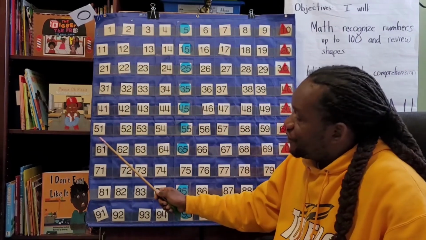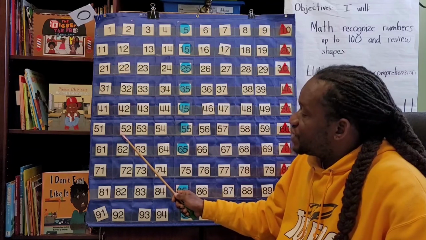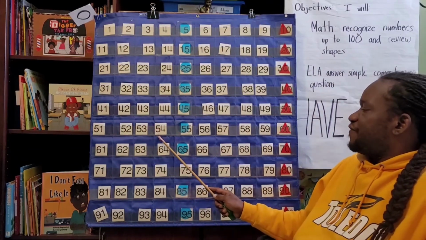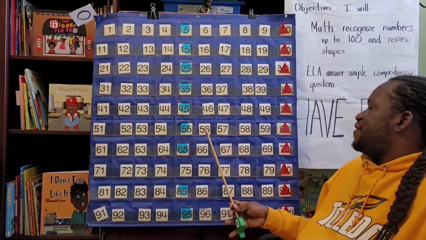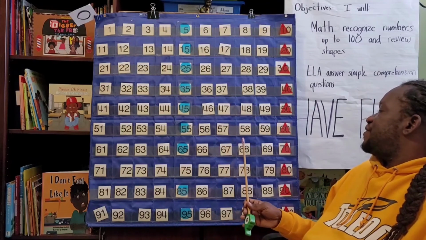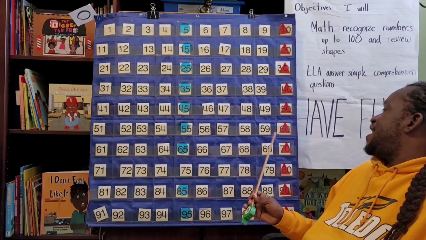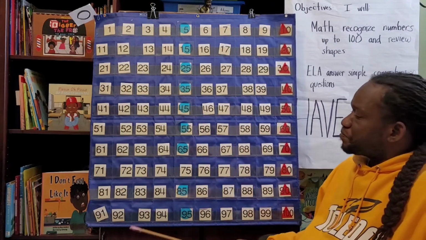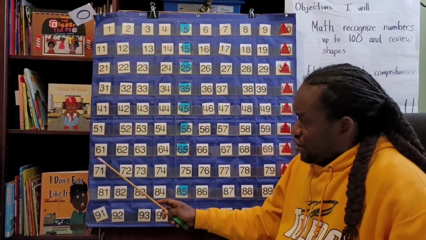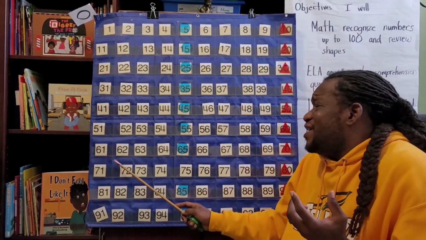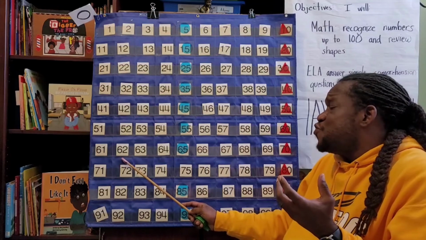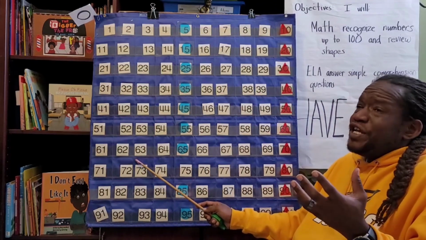Regular voice. 51, 52, 53, 54, 55, 56, 57, 58, 59, 60. Let's sing it. 61, 62, 63.